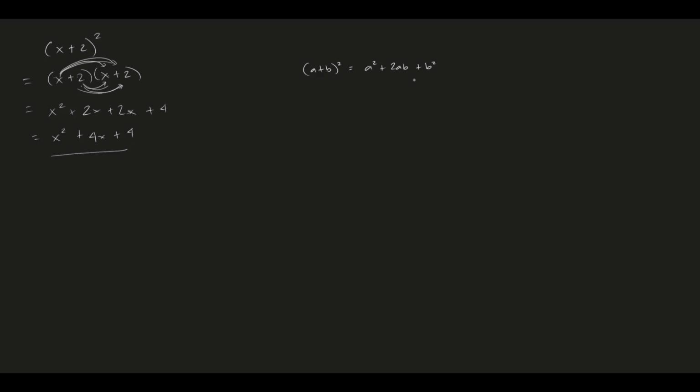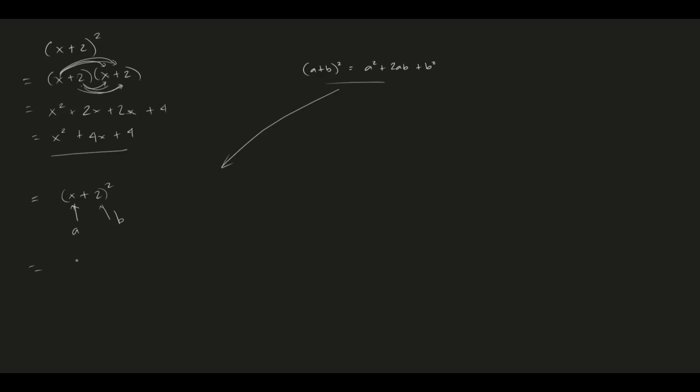On the other hand, if we apply this formula right here, we just have to determine what the a and b are. This one will be your a, this one will be your b.